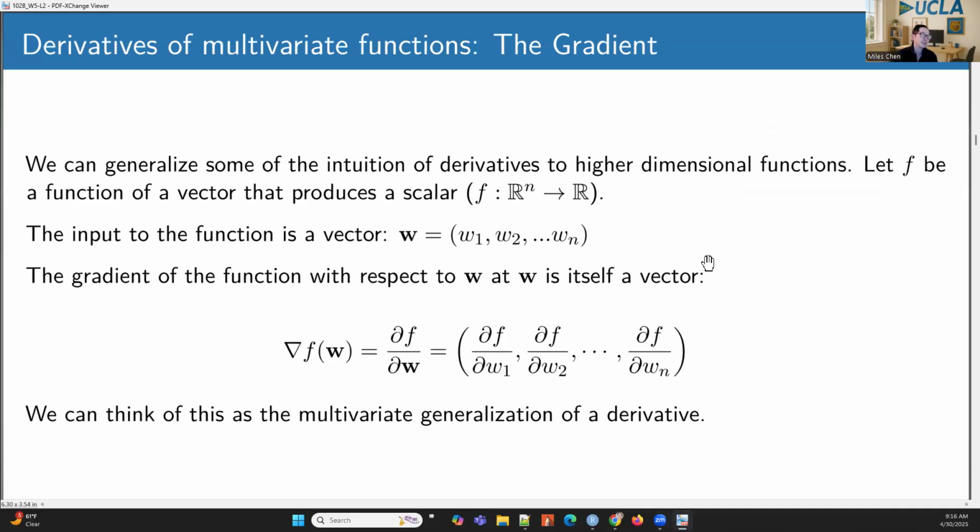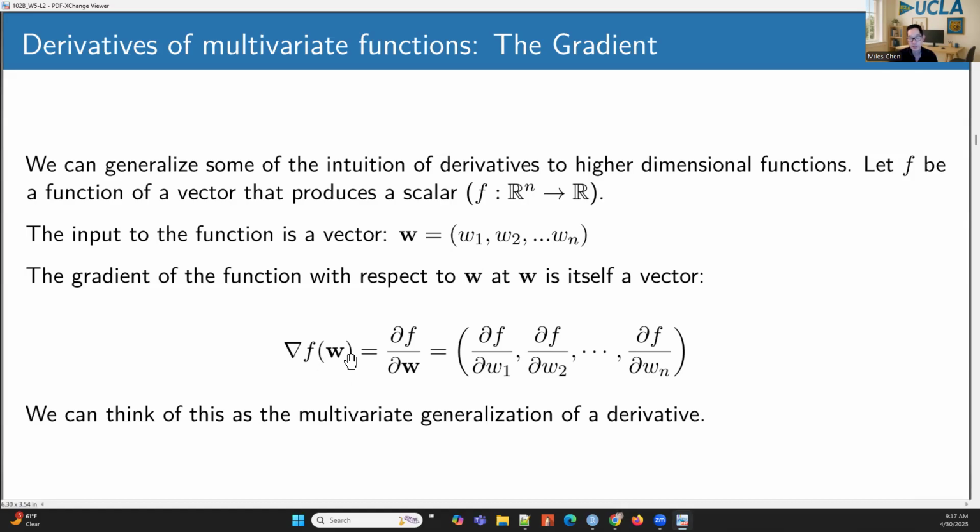And then if we extend this to the multivariate generalization, the gradient, okay, then the input to our function is going to be this vector. And then if we take the gradient of the function with respect to that vector, then we get a vector itself. And basically the components of that vector are all partial derivatives with respect to each of the components.